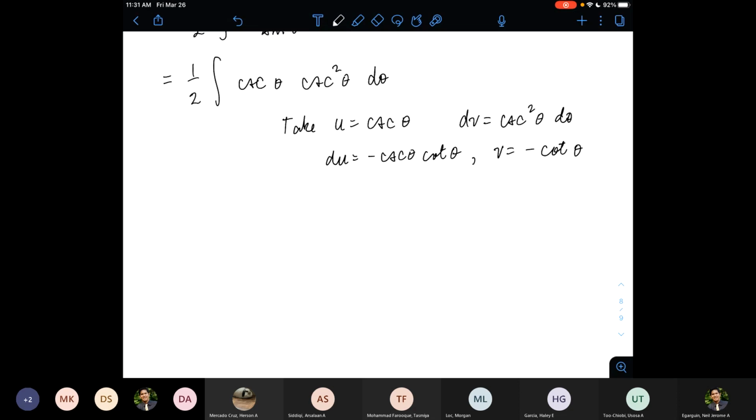Right? So now our integral would be 1/2 uv, so negative cosecant theta cotangent theta, minus integral of v du. We multiply v and du, so we'll get positive cosecant theta cotangent squared theta d theta.